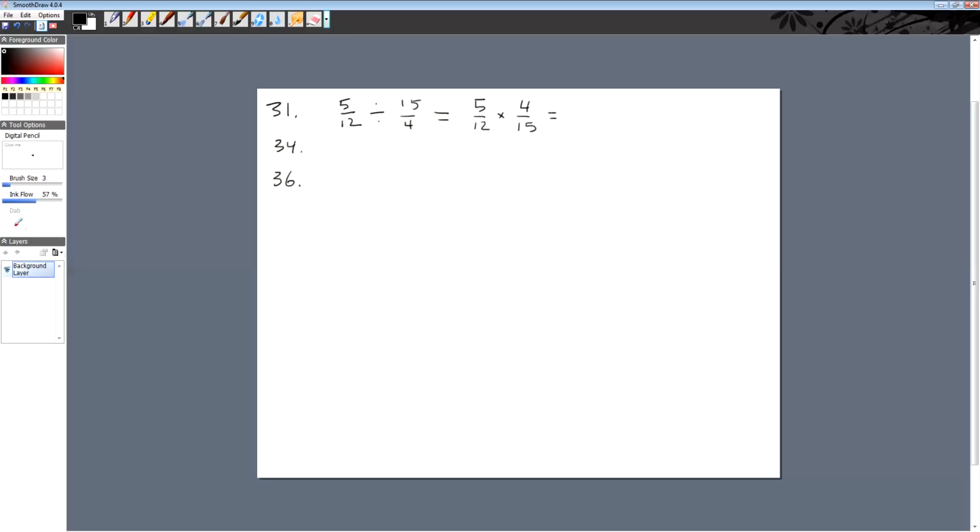So the numerator is 5 times 4, which is 20. And the denominator is 12 times 15, which is 180.